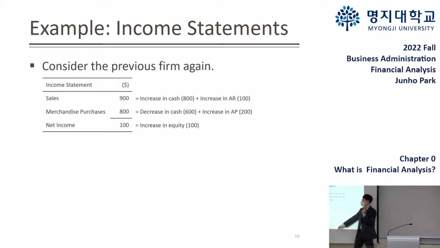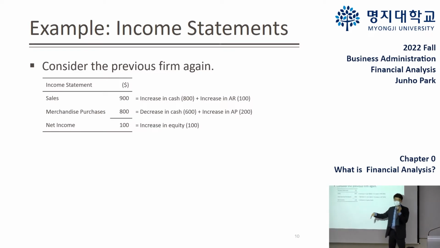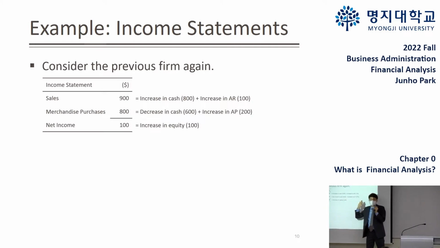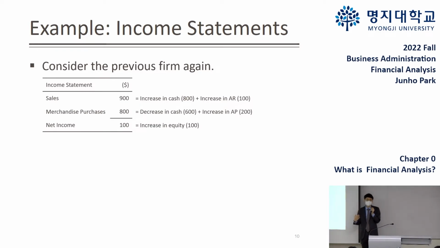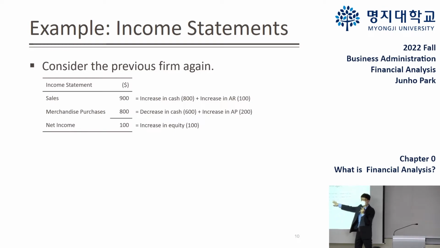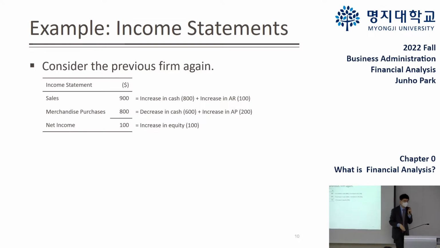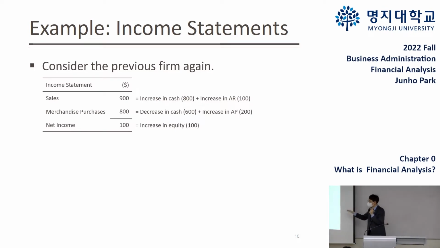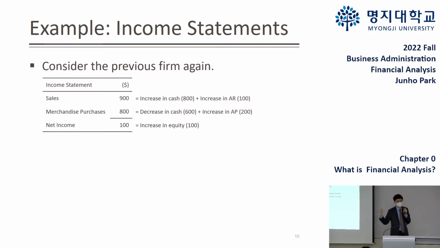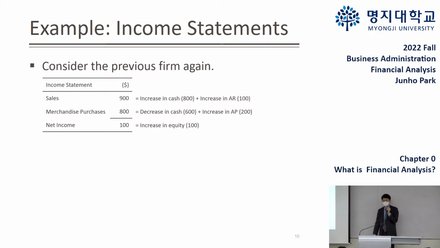And finally, the net income has resulted in my shareholders' equity changing to 1,100 from 1,000. So there was an increase in equity of $100. So my definition of the income is true for this firm. Okay, so that's why I'd like to define revenues, expenses, and incomes or losses as the previous definitions.